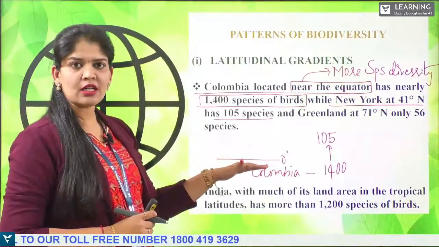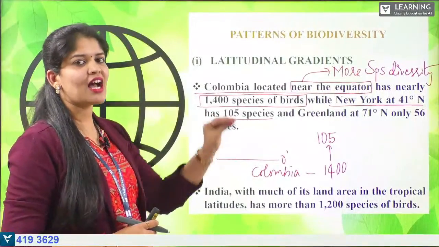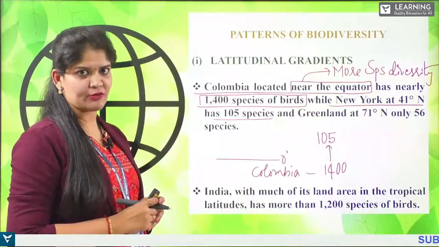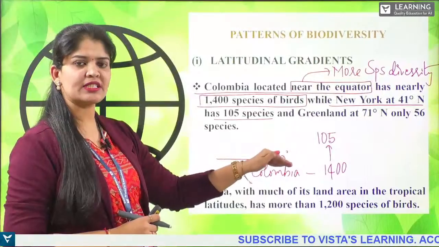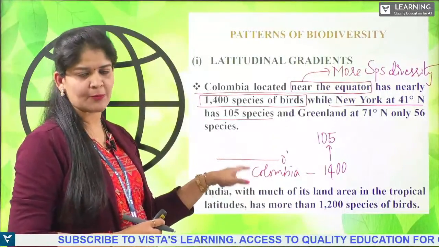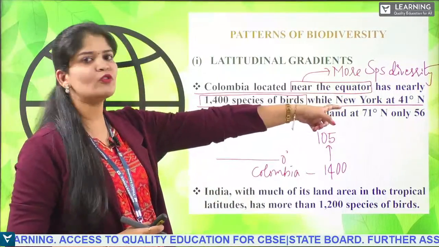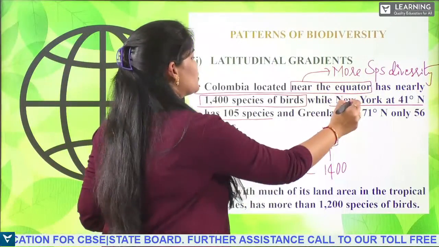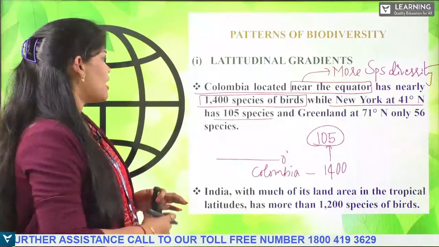So Colombia is located near the equator, where we can see more species diversity, and the example is given in terms of bird species diversity, where 1400 bird species are present in Colombia, which is near the equator. If we start moving towards the poles, what we said, right? Here we started to move towards North Pole, that is 41 degrees north, where in Newark we find it is only 105.